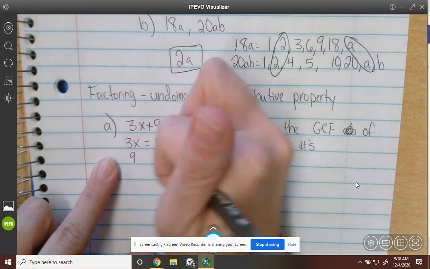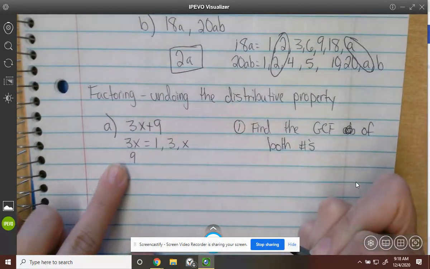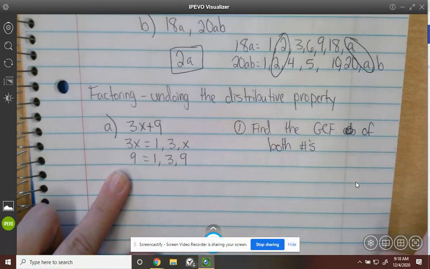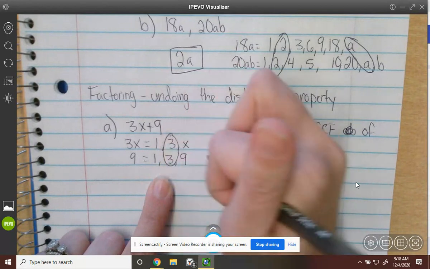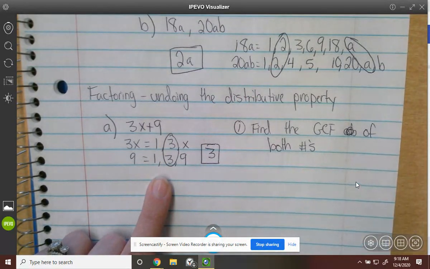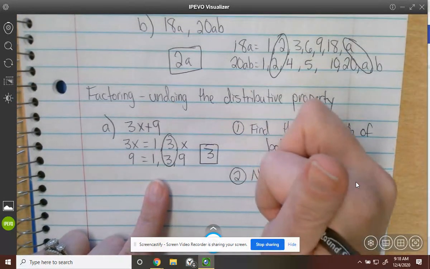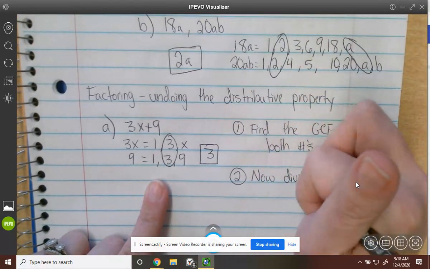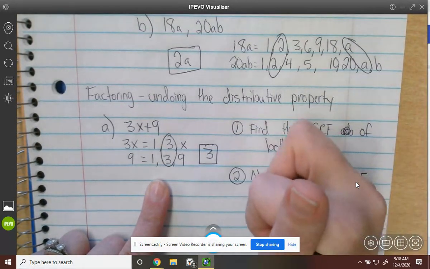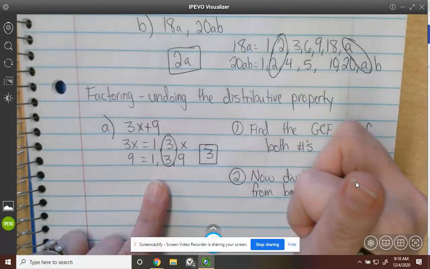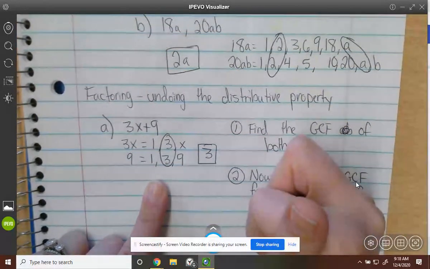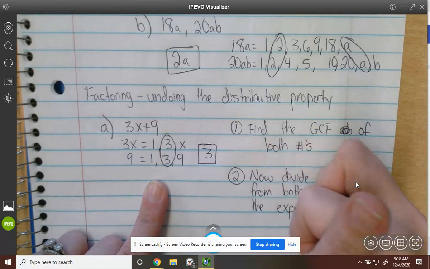So 3x is just going to be 1, 3, and x. 9 would be 1, 3, and 9. So my greatest common factor here is just 3. Okay, check. Step 2. Now divide the GCF from both parts of the expression.